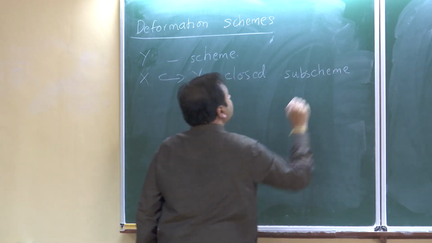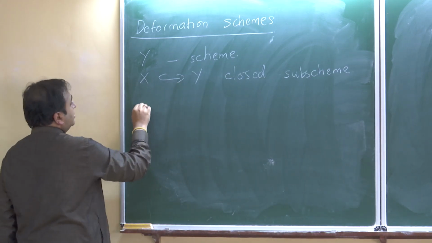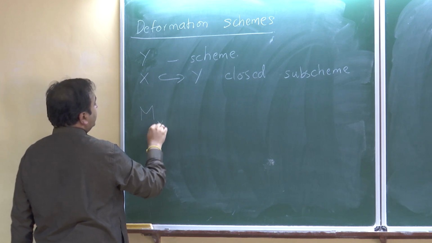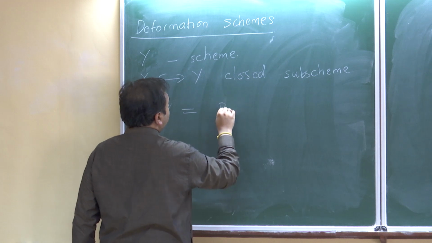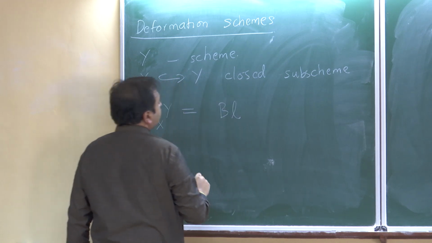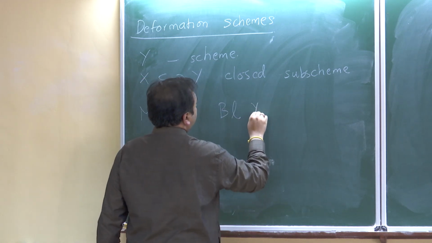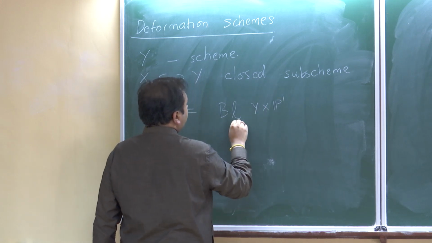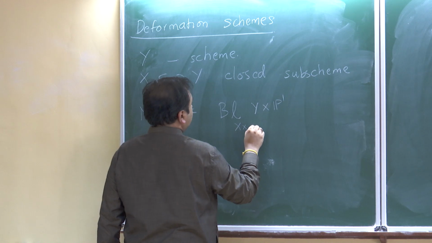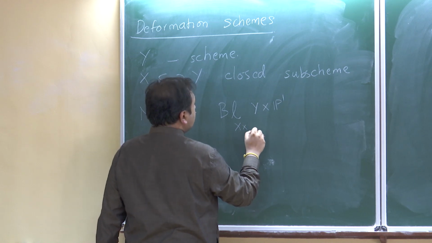So then we consider the blow up. I will define M_XY as the blow up of Y cross P^1 at X cross, well, infinity or 0, it doesn't matter.